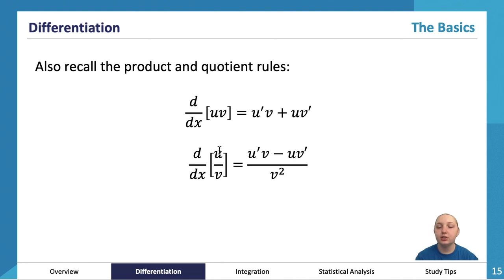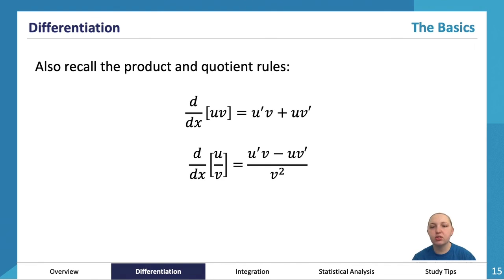So whatever is on the top of your fraction is going to be u, and whatever you're dividing by, or whatever's on the bottom of your fraction, is going to be v. Super important that you do allocate those correctly, and that you write this in the correct order as well. Because when you're doing subtraction, it does actually matter which one is first and which one is second. So we always want to start with u dash times v minus u times v dash all over v squared.